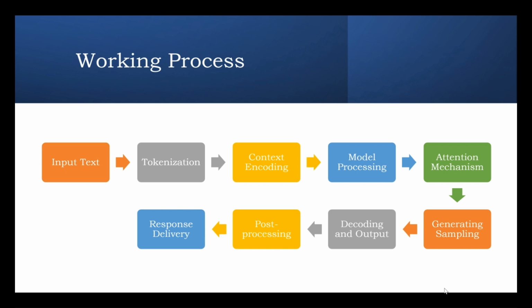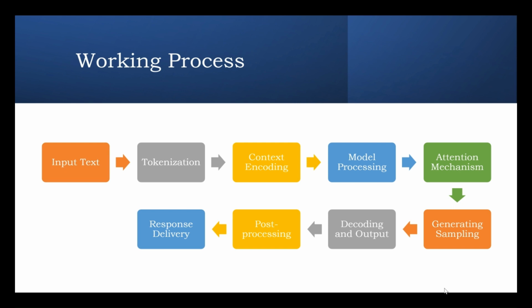In this attention mechanism, the model utilizes attention to understand the relationships and dependencies between the different tokens in the input. Attention allows the model to assign varying degrees of importance to different parts of the input text.